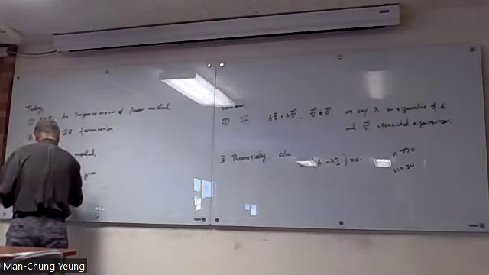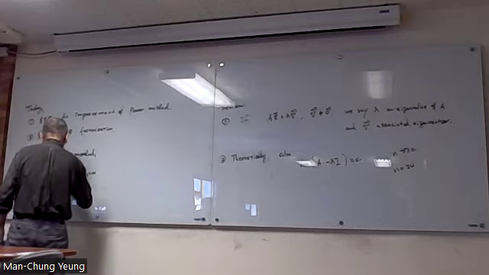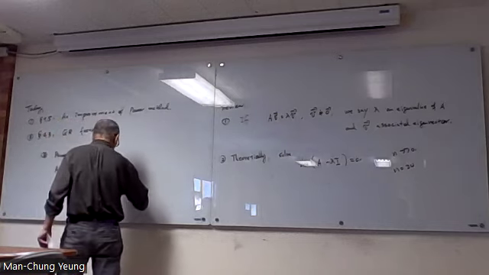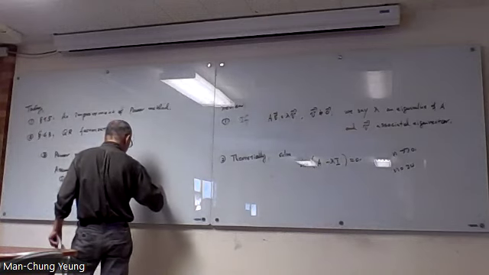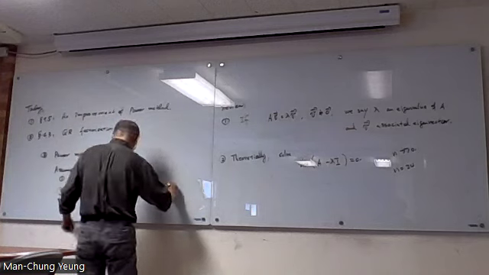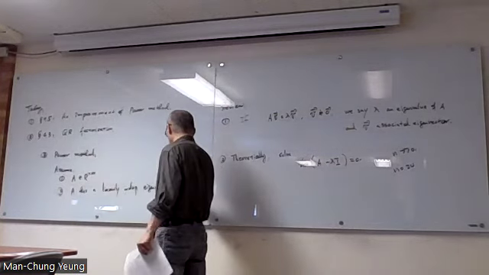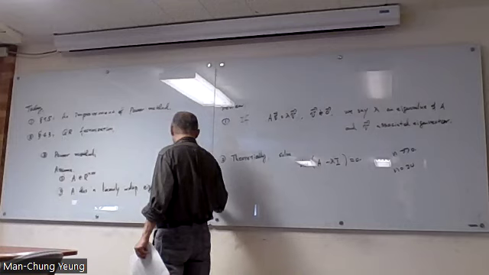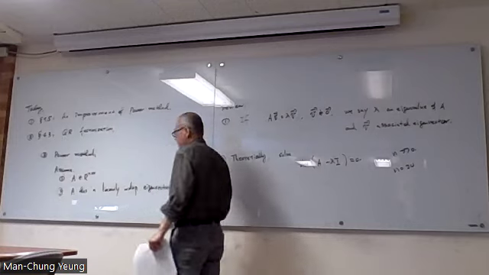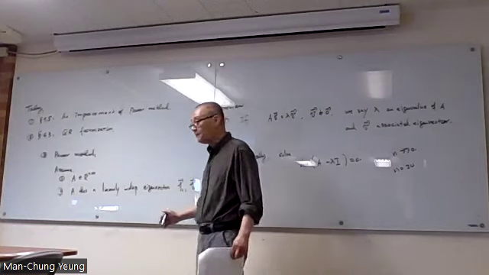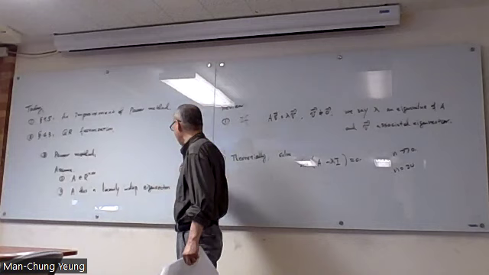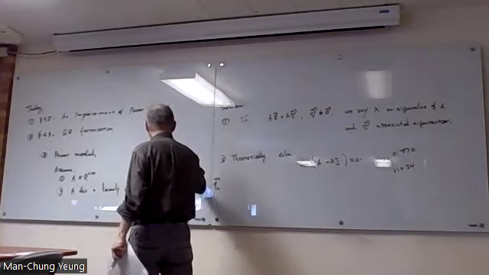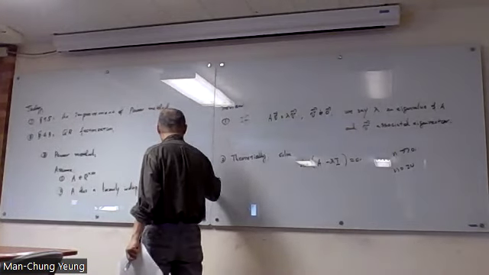And number two, A has n linearly independent eigenvectors, psi 1, psi 2, and psi n, and the corresponding eigenvalues lambda 1, lambda 2, and lambda n.